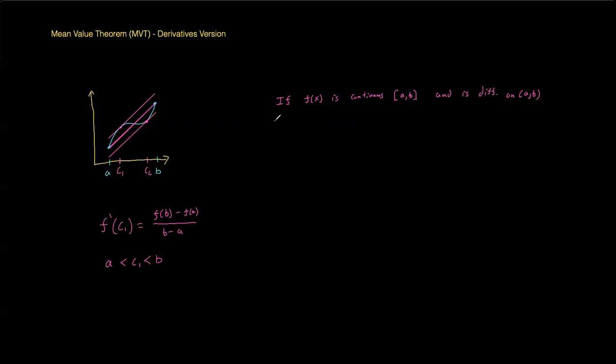Then there exists some sort of c on the open interval from a to b such that the following statement, f prime of c, so the slope of the tangent line at that point, must equal f of b minus f of a all over b minus a.